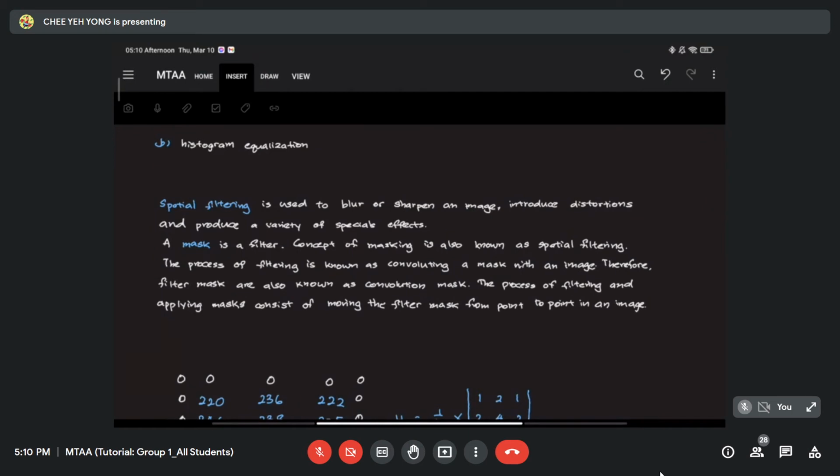Because based on the first sentence, spatial filtering is used to blur or sharpen an image, which means the function will be limited to blurring or sharpening the image. To some extent, it's not so safe. If you say that spatial filtering is used, for example, to blur or sharpen an image, that would be safer.